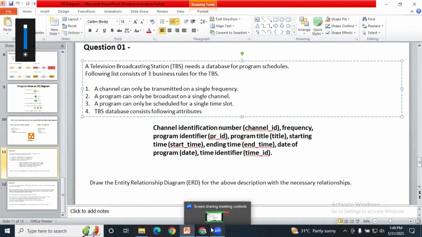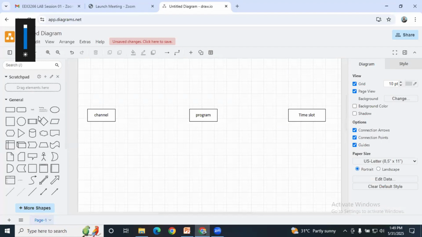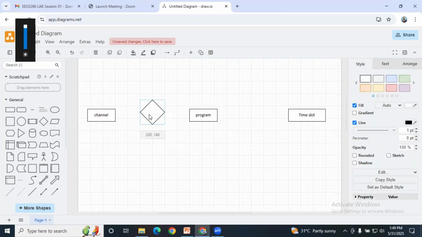So how can we represent a relationship? What is the symbol? What is the shape that we use to represent relationships? Diamond shape. Yes. So we can click on the diamond shape and drag it to the correct place. Okay.